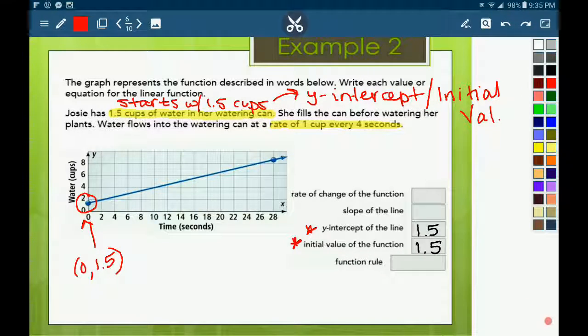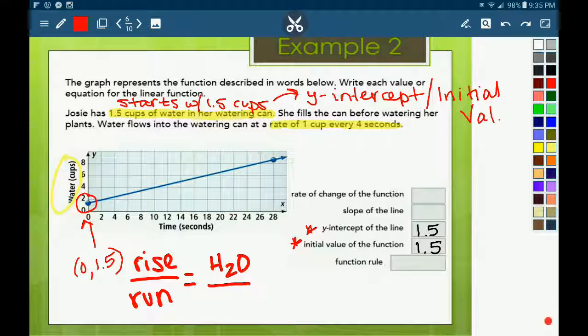So I'm going to put that in a rise over run fashion, which if we look, the water in cups is the y. So when we talk about rise over run, we should have the water over the time. And actually, I'm going to write what it actually is, and that was in seconds.